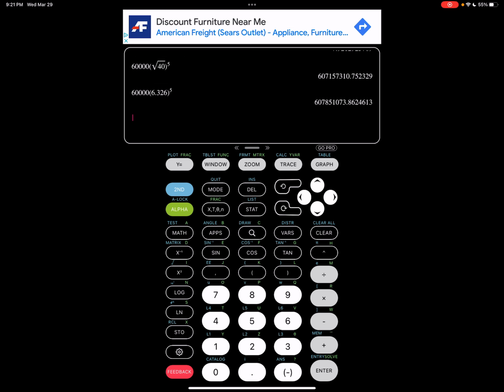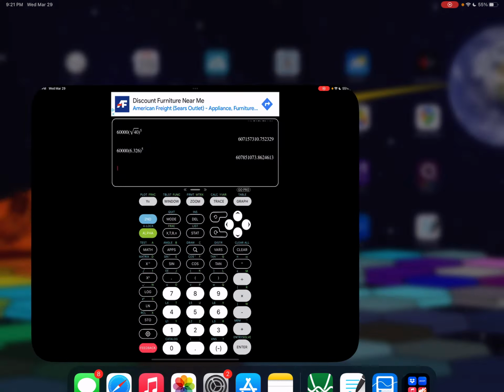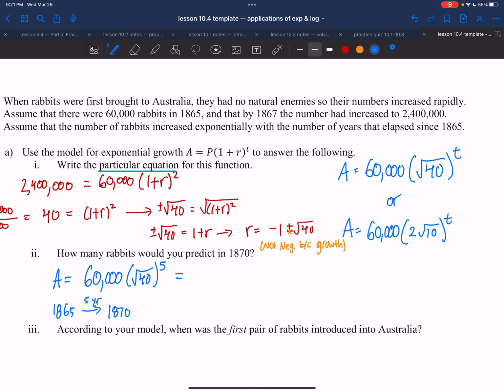That's a pretty significant amount, I'd say. So looks like it's better to not round. So 607, 157, 310. I feel like I'm memorizing a phone number. Is it 310 or 11? I round up. 11. I say rabbits.